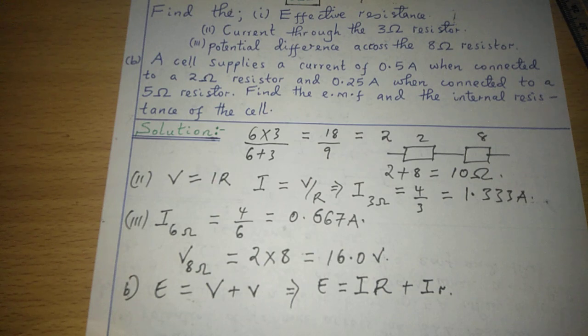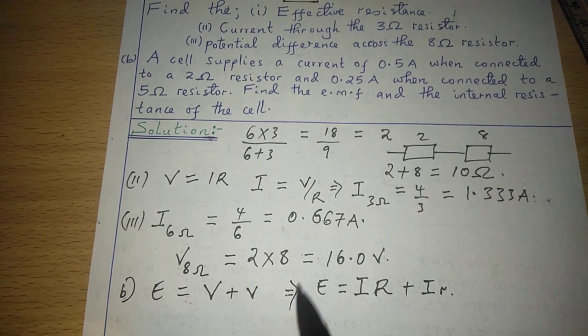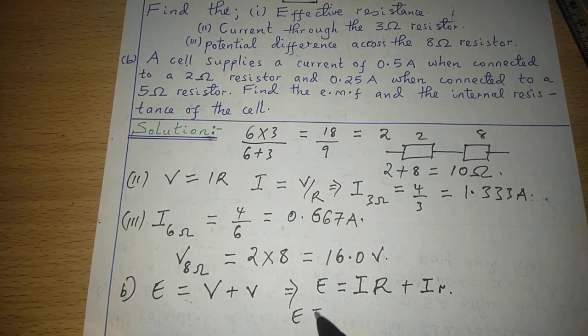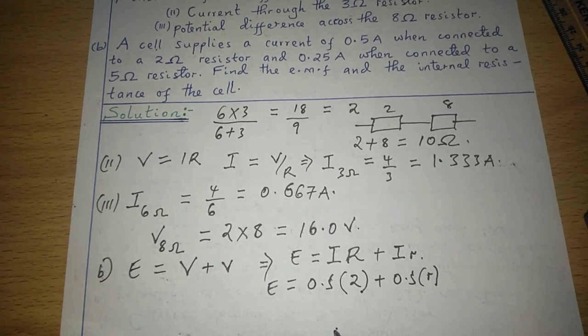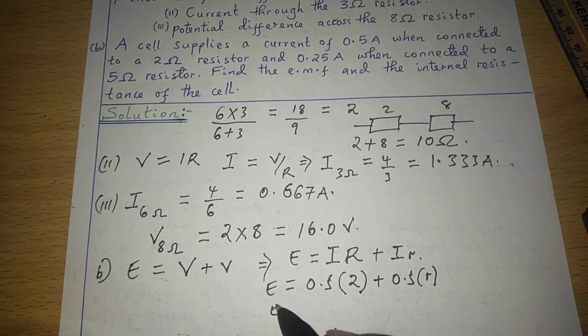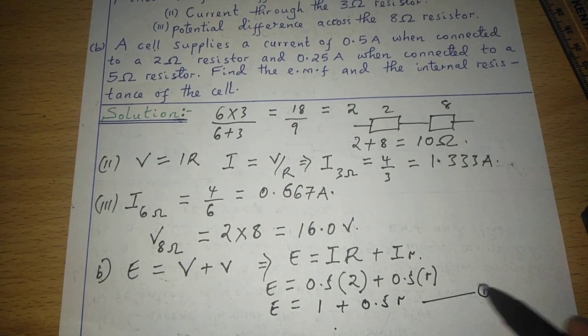We are told a current of 0.5, so we say EMF equals 0.5 times 2 as the external resistance plus the same current multiplied by the internal resistance. This can be called equation 1, and we can simplify it to E equals 1 plus 0.5 R, equation 1.